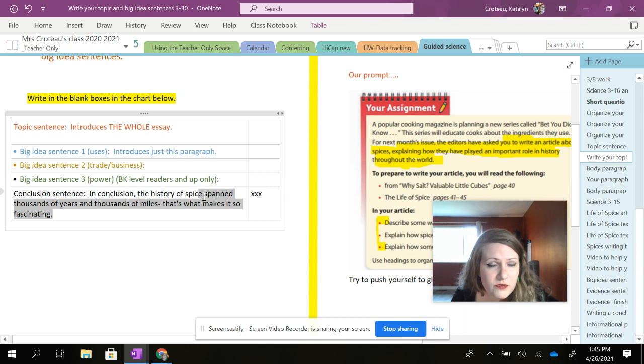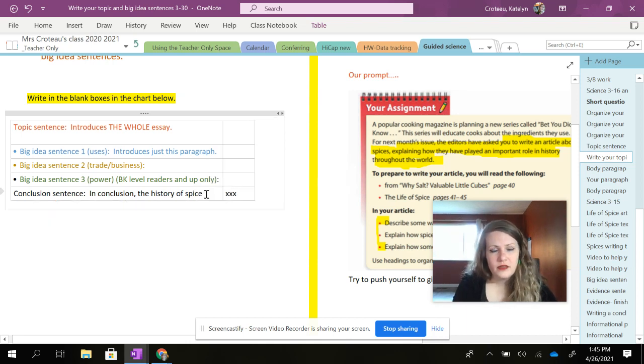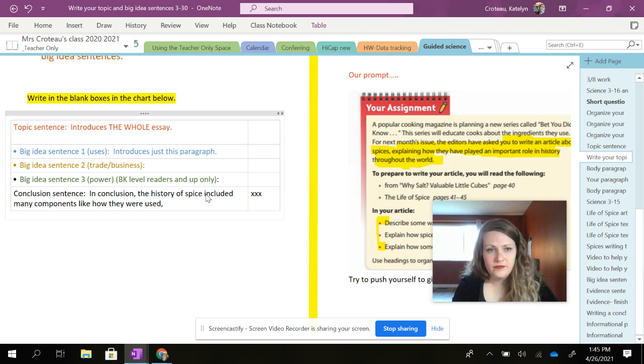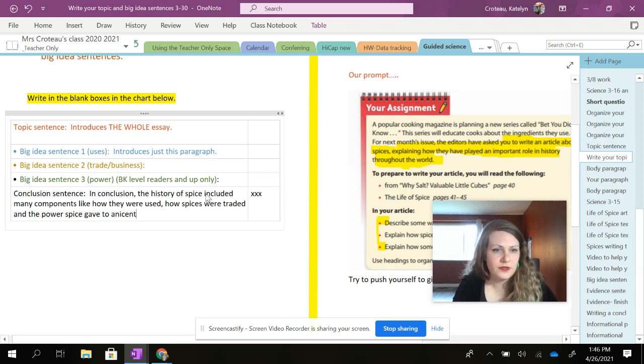So you could also say the history of spice included many components, like how they were used, how spices were traded, and the power spice gave to ancient people.